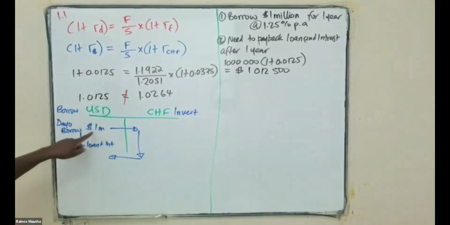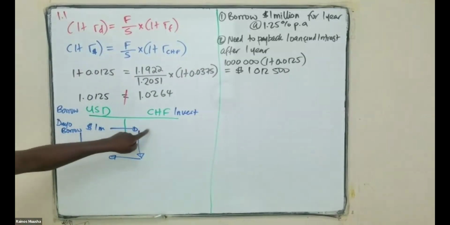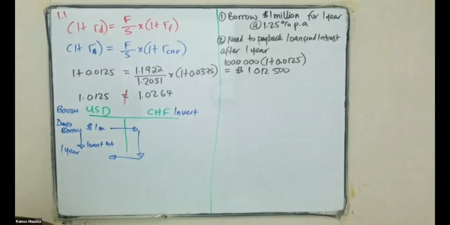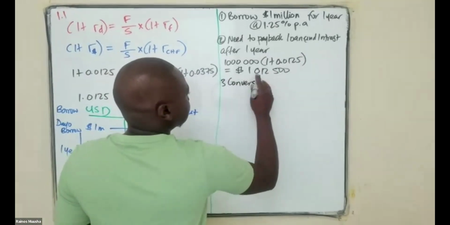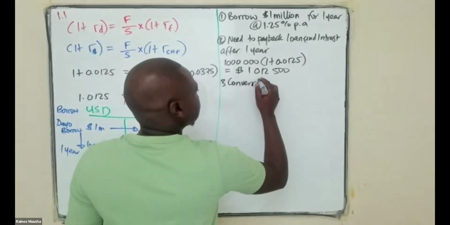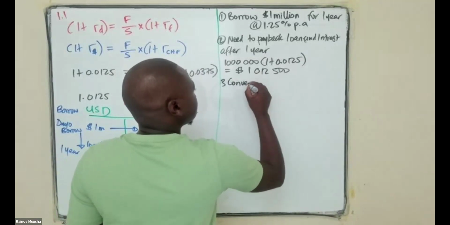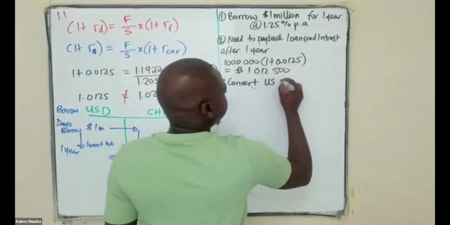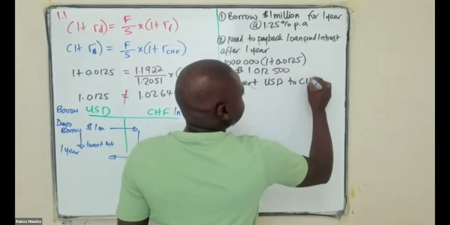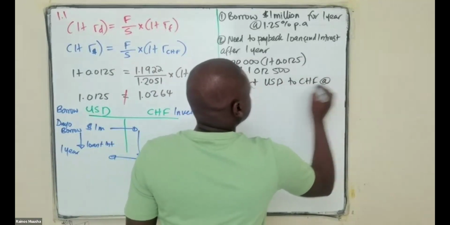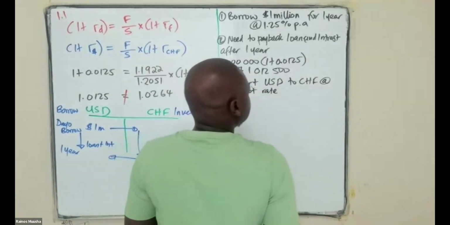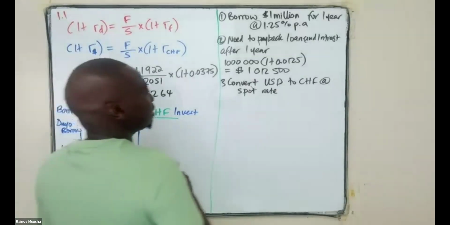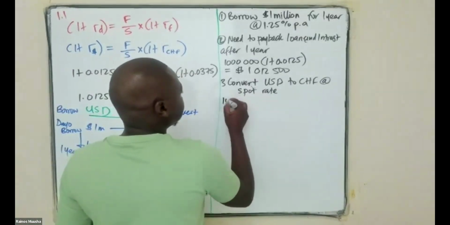The next step, we said, with this money that we've borrowed, we need to convert it into what? The CHF currency, isn't it right? So in this case, step number 3, we need to convert US dollars to CHF at spot rate.